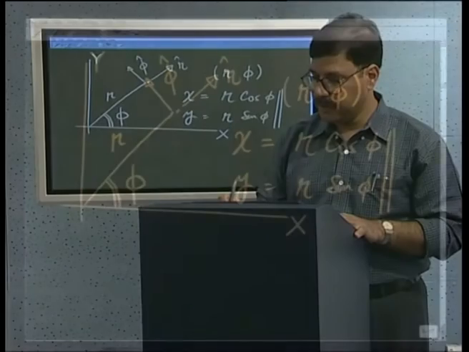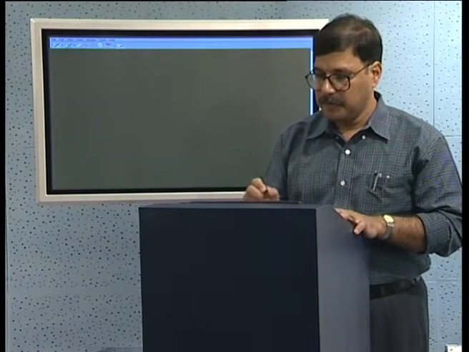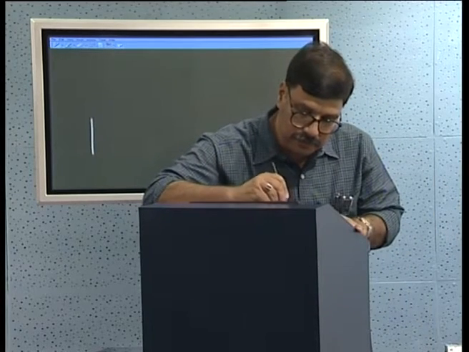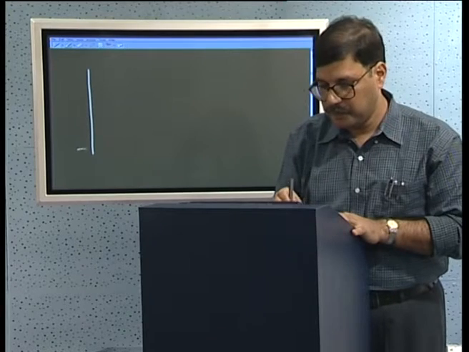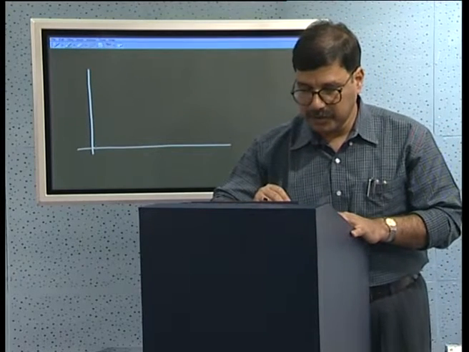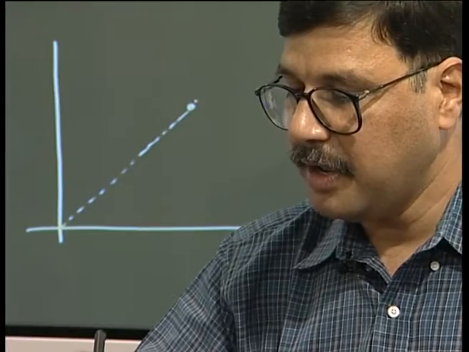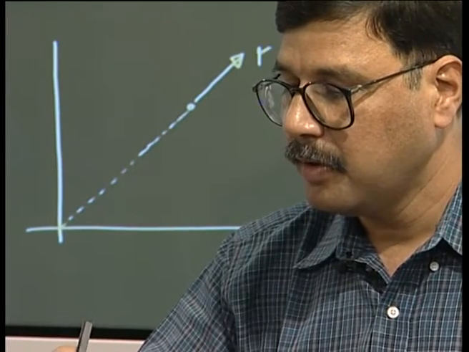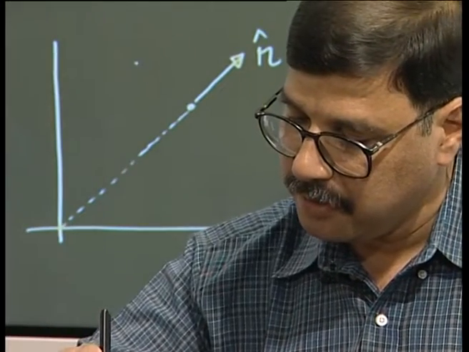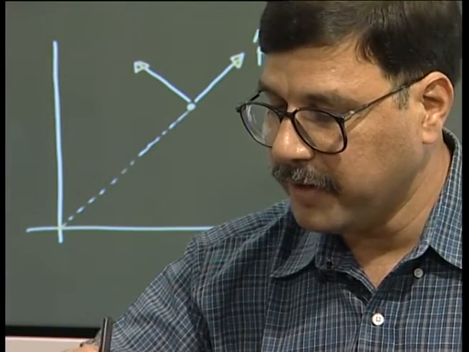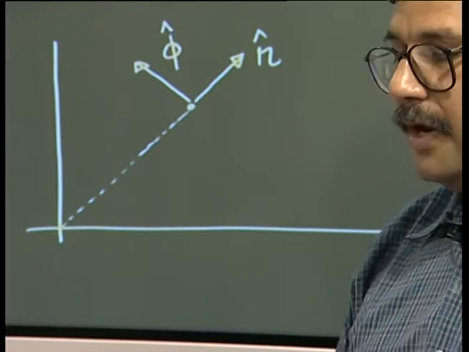To make it more clear, let me redraw it and show you these vectors more clearly. So, for a particle here, I have the unit vector r and unit vector phi.